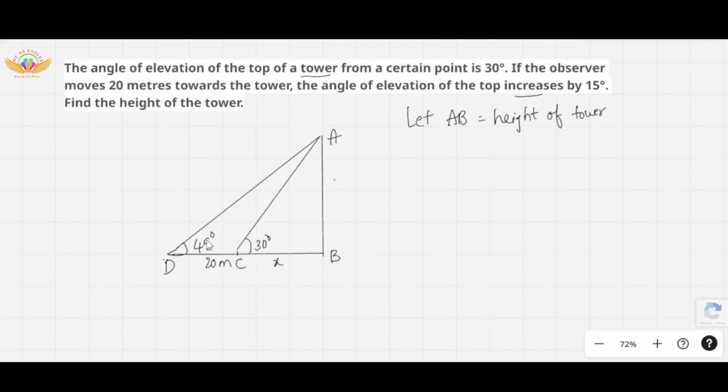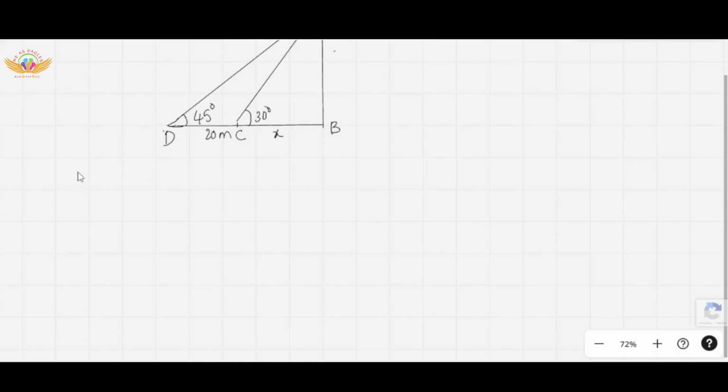From the right angle triangle ABC I'm going to take tan 30 degrees, and from the right angle triangle ADB I'm going to take tan 45 degrees.